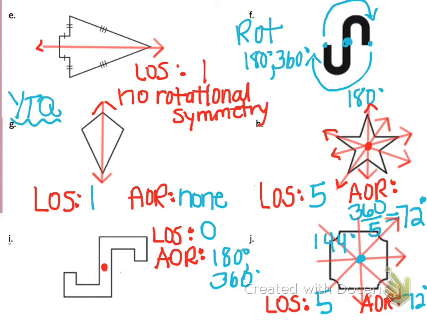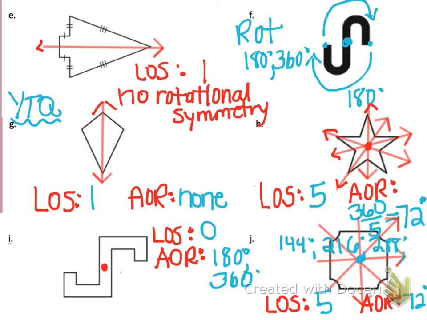144, and then 72 more makes 216. And then 72 more makes 288.